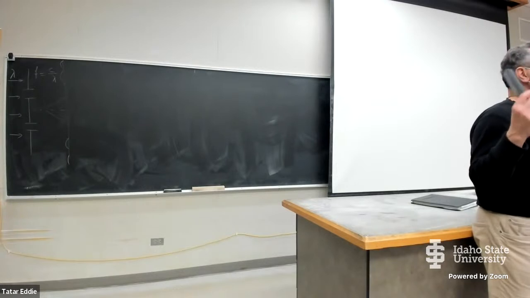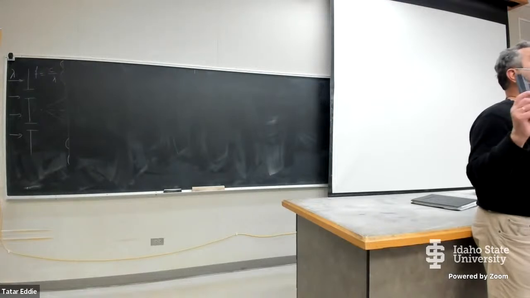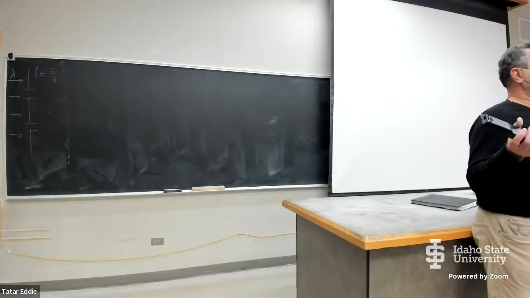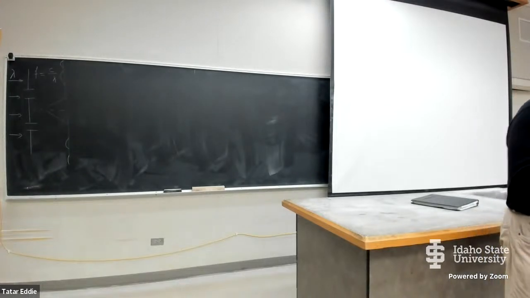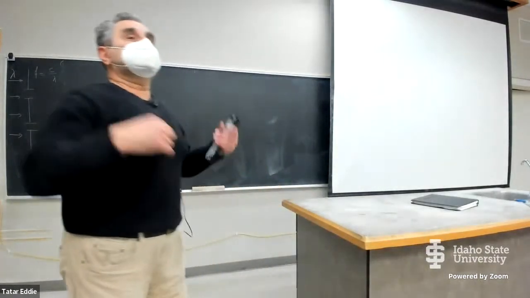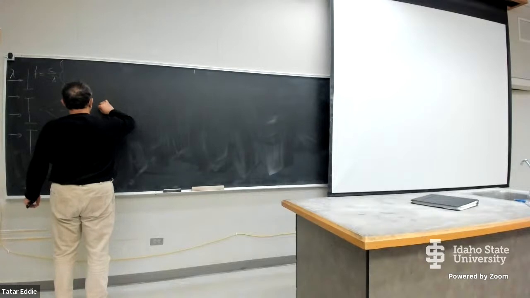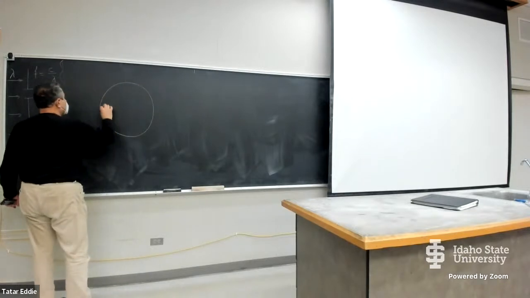So you need an object that is absorbing any light that hits it, any frequency, visible or invisible part of the electromagnetic spectrum. And a standard way to achieve this type of absolutely black body object is to take a cavity.